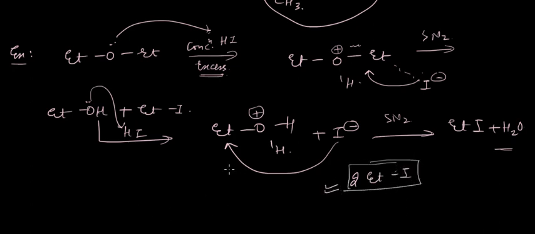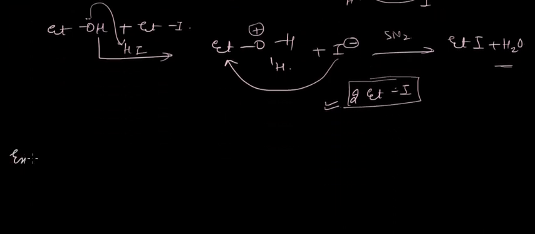Okay. Let us see this example wherein we have PhOCH3, and we are passing this in concentrated HI.